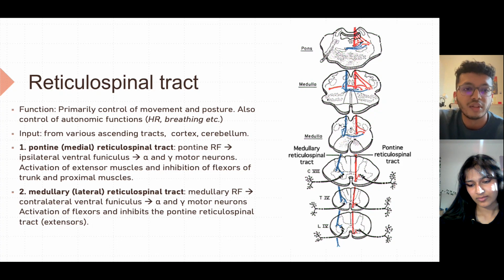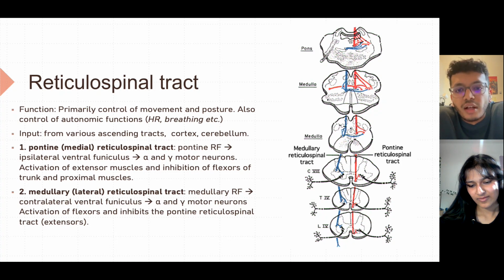So the reticulospinal tract, we can divide it into a pontine, which is medial. It's the one that's red in the diagram, and a medullary one, so that's more lateral in the spinal cord, if you do a cross section. So the pontine starts from the pontine reticular formation, goes downwards. It doesn't cross, so it remains ipsilateral.